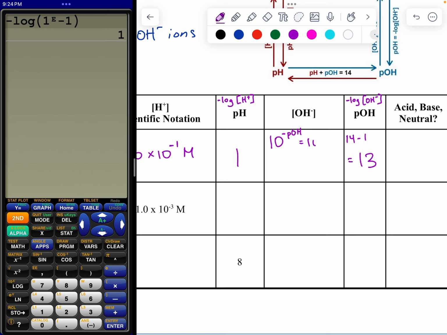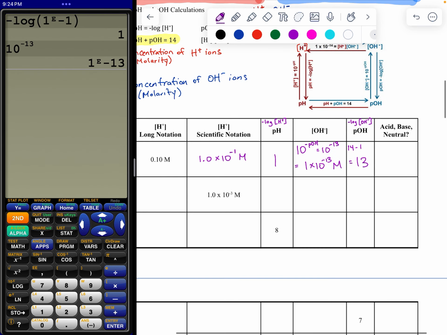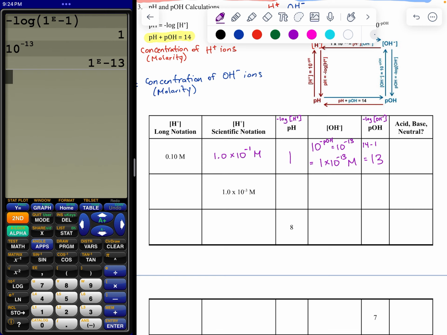So 10 to the negative 13 is going to give me the concentration of the OH, which is going to be 10 to the negative 13. And that gives me 1 times 10 to the negative 13 molarity. All right. Now, I do ask you whether or not this is acidic, basic, or neutral.